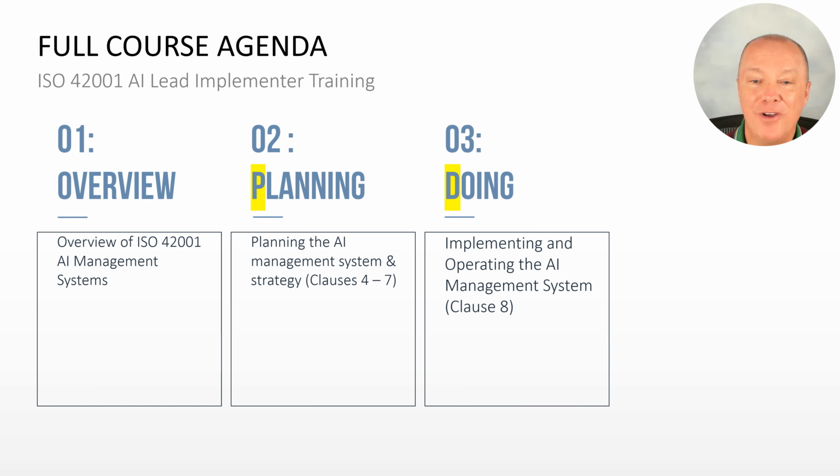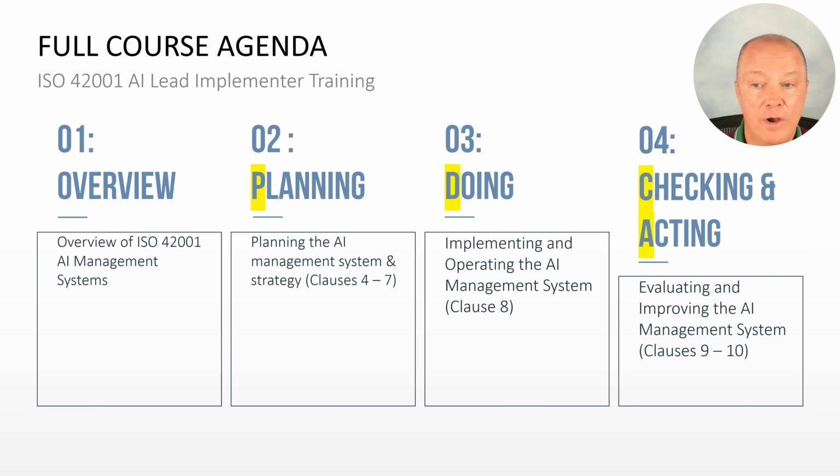We'll then go on to the doing of ISO 42001, where we learn to implement and operate the AI management system in Clause 8. We then move on to checking and acting, where we evaluate and improve the AI management system in Clauses 9 and 10.